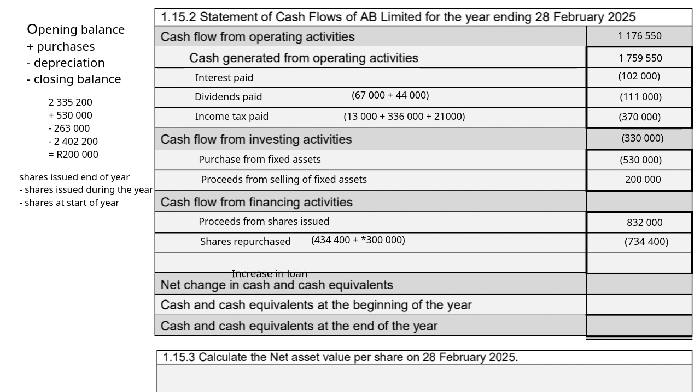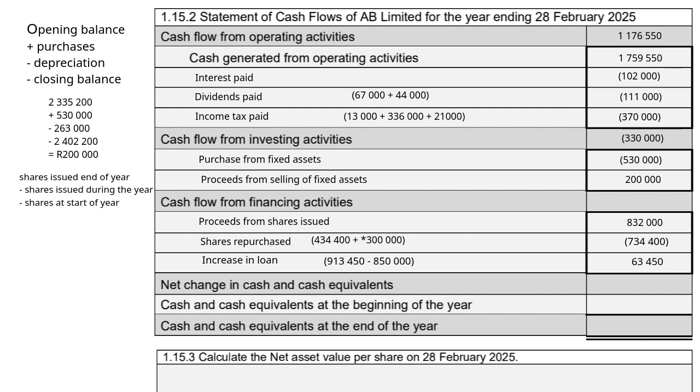Then our increase in our loan in 2025, you can see there's an increase in the loan. In 2024 we started with 850,000 and now our loan is 913,450. So there's an increase in our loan of 63,450.